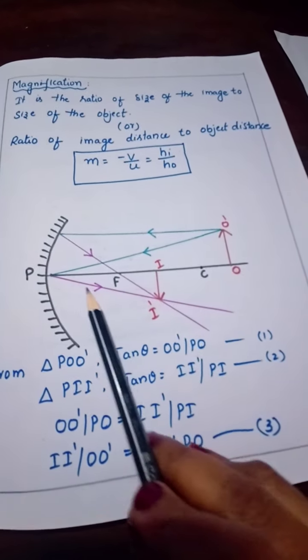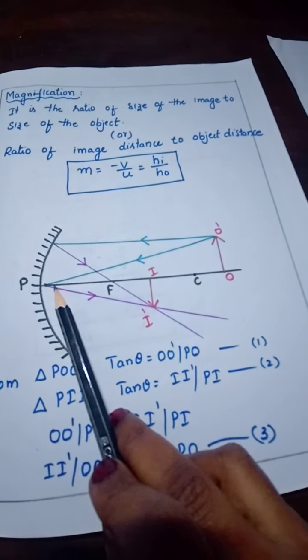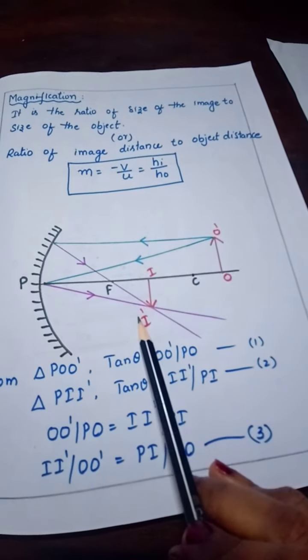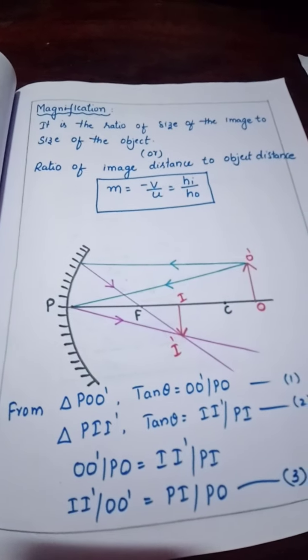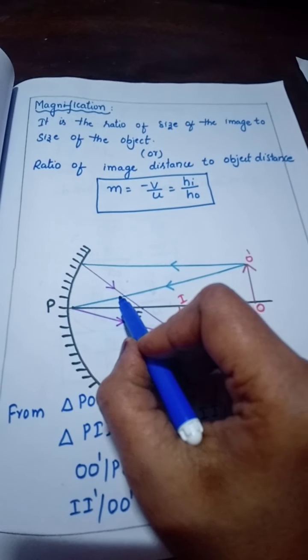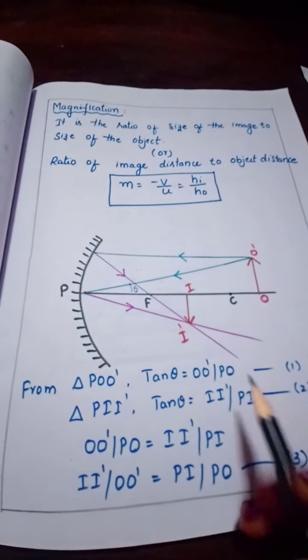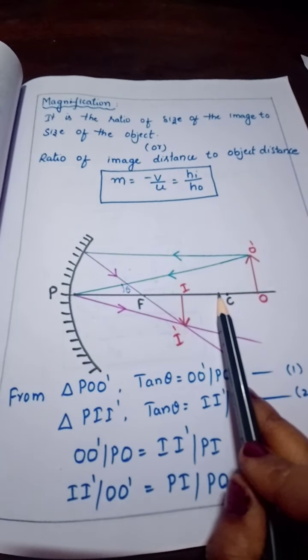See here, POO dash, and the next triangle PII dash. Two triangles. From these two triangles, we are writing tan theta again. If you consider this one as theta, then this will become the opposite side and this one will become the adjacent side, and it is a right angle triangle.